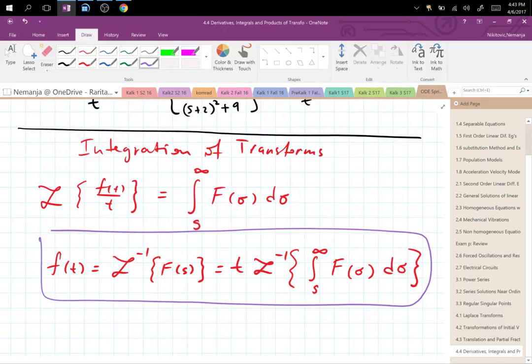But then you can integrate if that F of s is integrable, right? Then you want to consider using this formula. So let's find the integrable case.